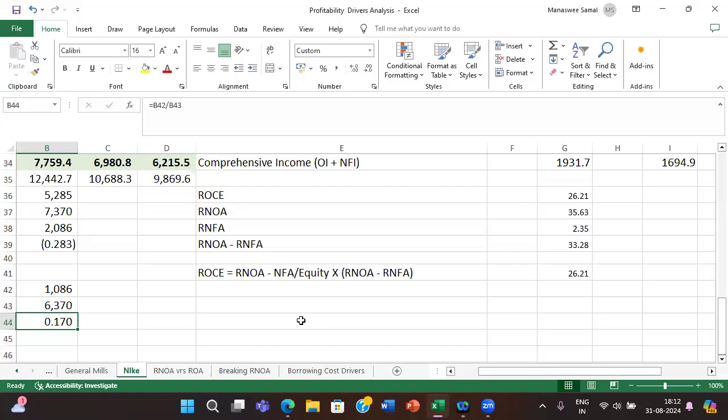There you'll find a heavy financial asset was present, and for several reasons, not just one, the market was punishing the share price of Microsoft. Now, with this much, we have come to a conclusion as far as General Mills and Nike are concerned. In one case, you have positive financial leverage. In another case, you have negative financial leverage.